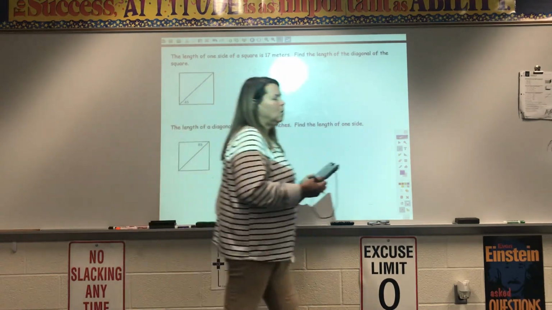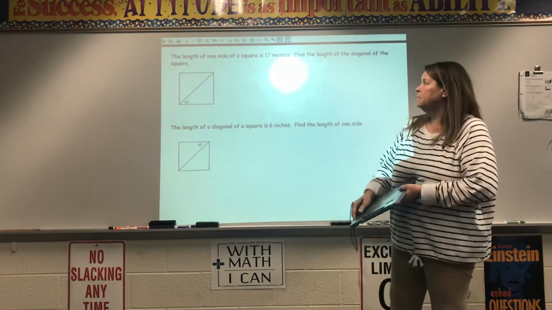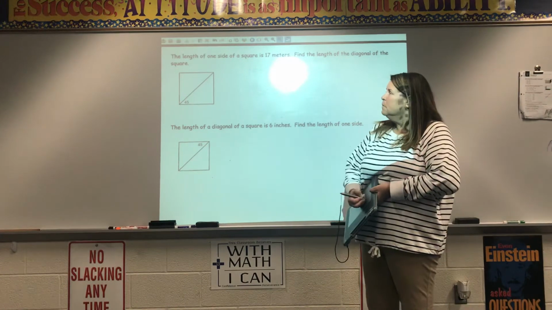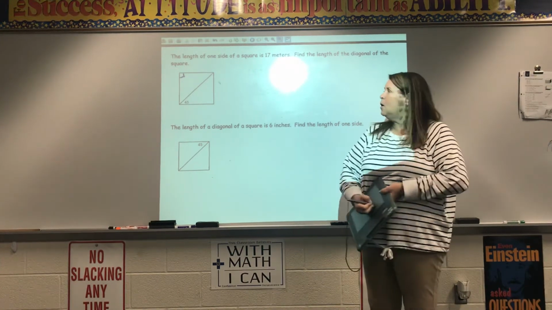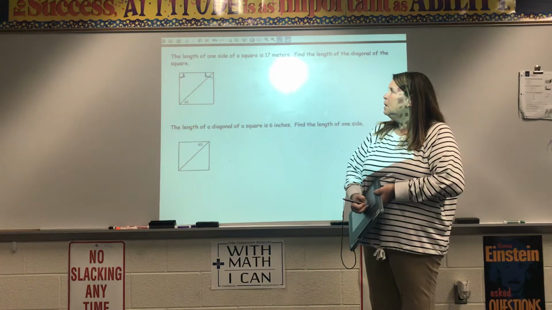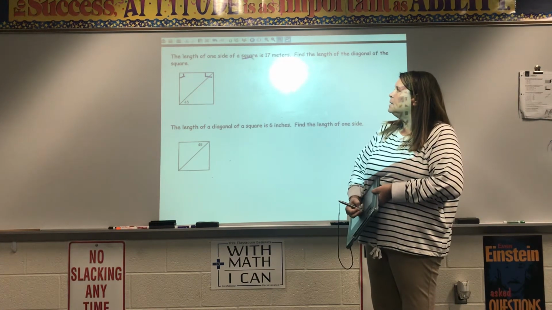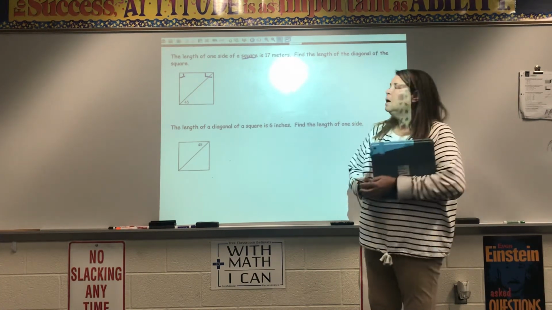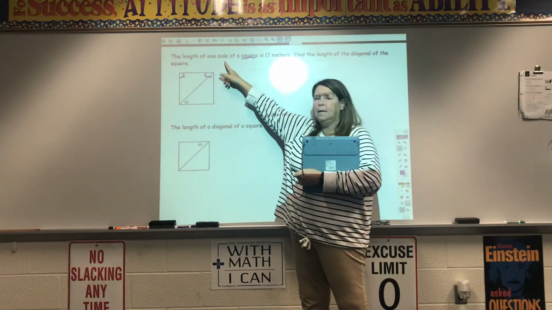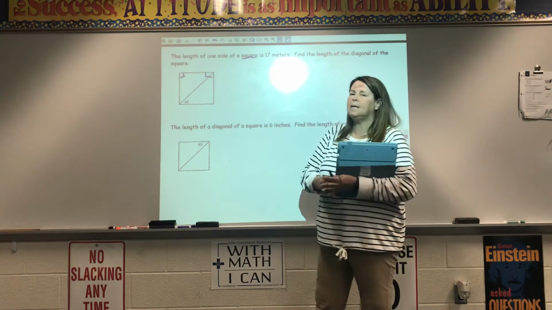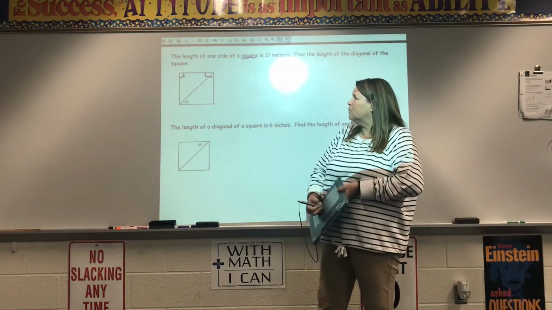And here we have some squares. Now, I did not mark our angles here, but they are right angles because I tell you that this is a square. So I tell you the length of one side of a square is 17 meters.